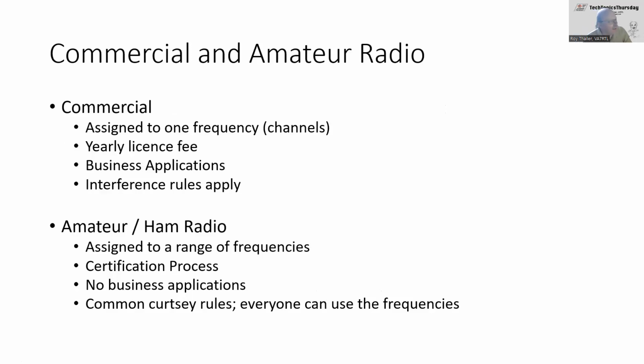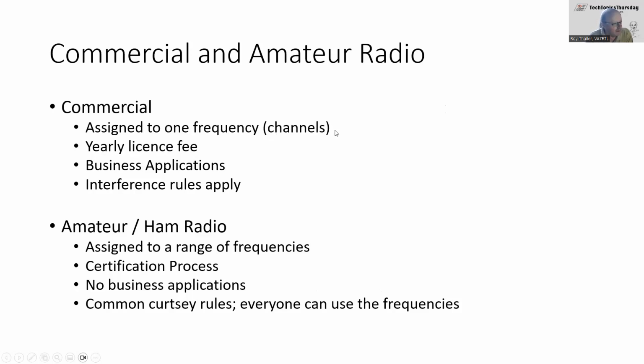Now, when you get into commercial and amateur radio, typically for commercial radio, you're assigned one frequency or a channel or a combination. So you might have 5 channels, or you might have 2 channels if you're a taxi operator or Uber driver or something like that. You pay your yearly fee for that frequency that's assigned to you. That frequency may be assigned to other places too.